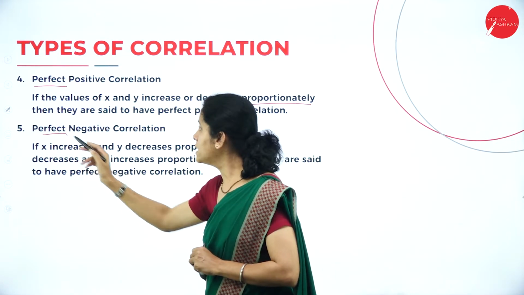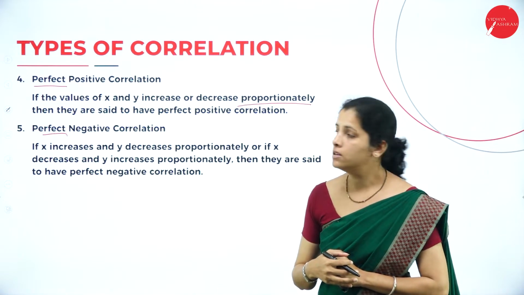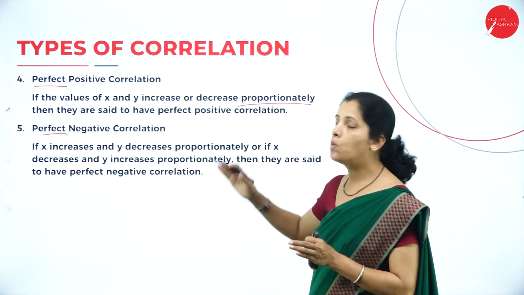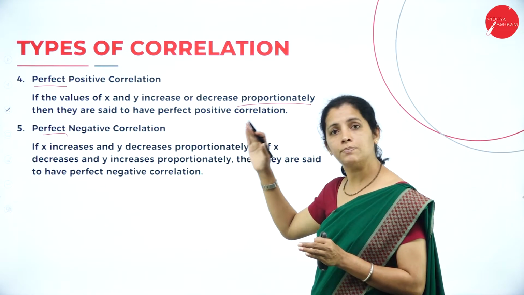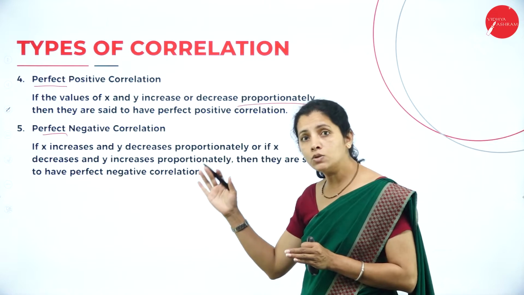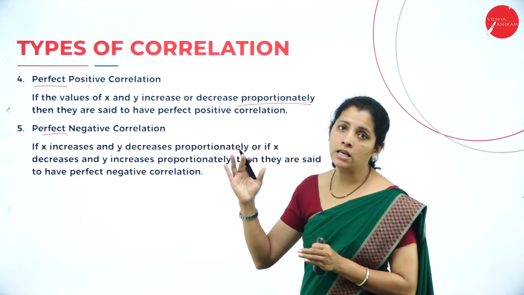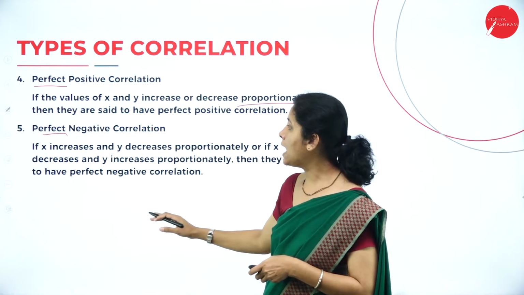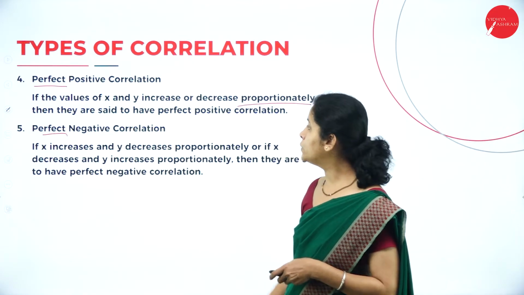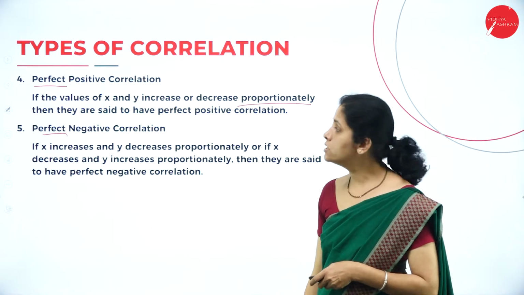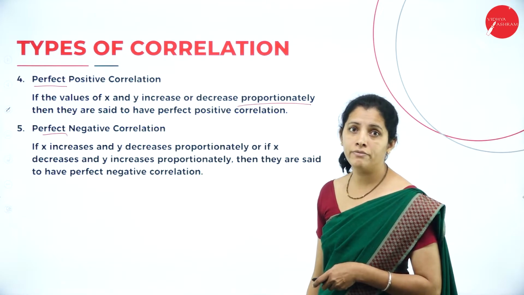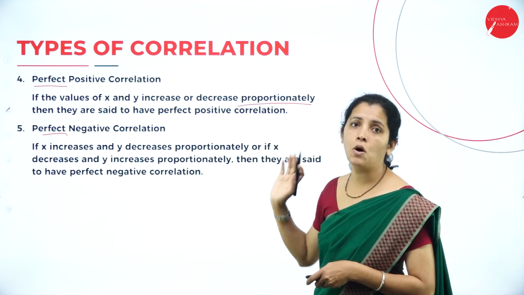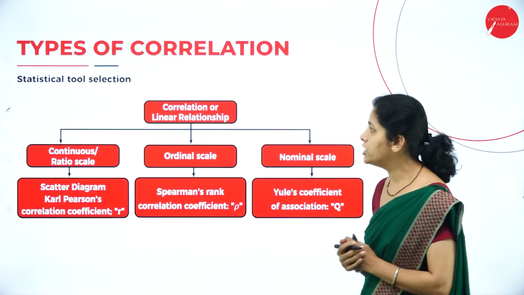And perfect negative correlation: here if x increases, then y decreases proportionally. If y increases, then x decreases proportionally, and it is known as perfect negative correlation. So dear student, these are the 5 different types of correlation that come under simple or linear correlation.